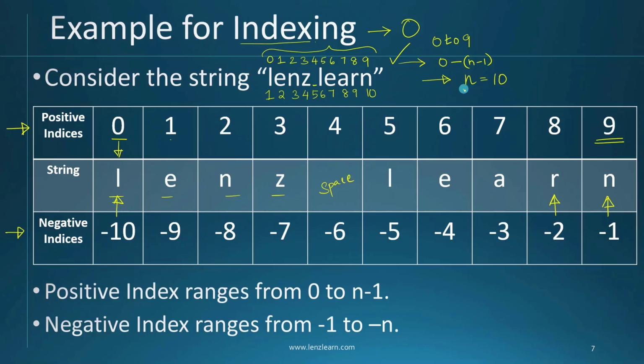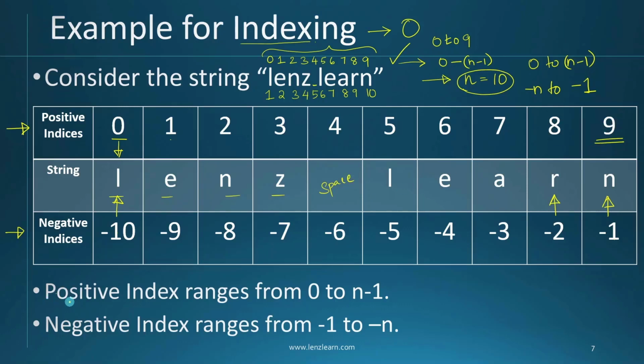So here you can see the length of the string is 10. As far as negative indexes are concerned, they range from -n to -1. So you can see there is a small difference, right? The positive indices range from 0 to n-1, but negative indexes go from -1 to -n, because here you see it goes from -1 to -10, but positive index goes from 0 till 9.